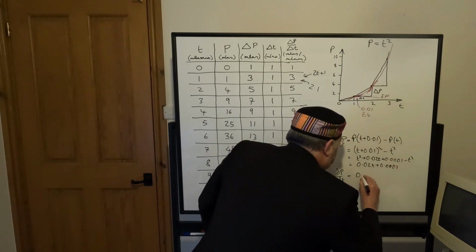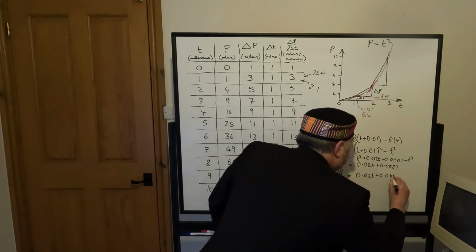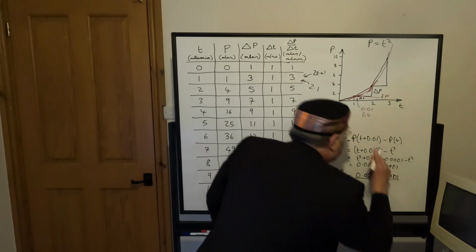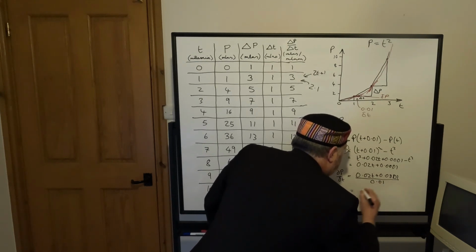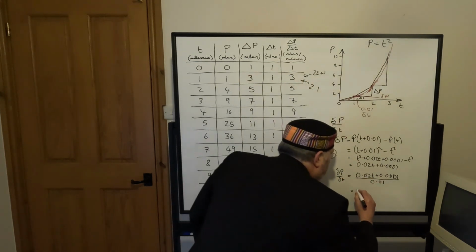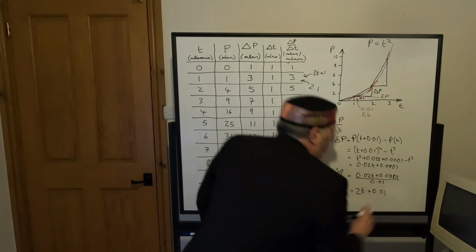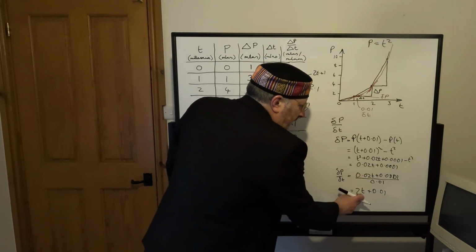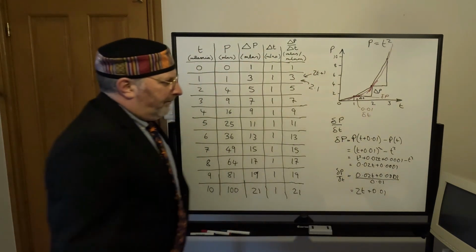Then we're going to divide that by our delta t, which is now 0.01, and this will come to 2t plus 0.01. 0.01 into 0.02 is 2, and 0.01 into that is 0.01.